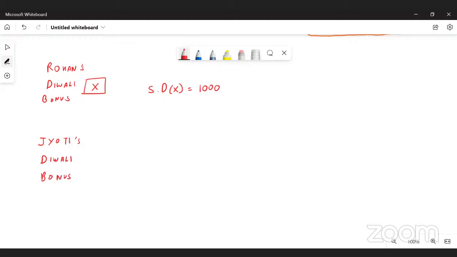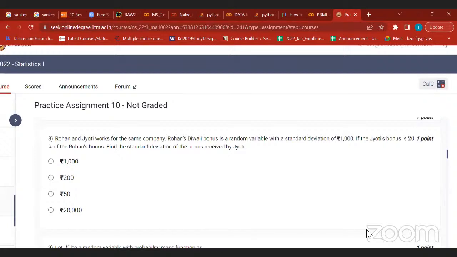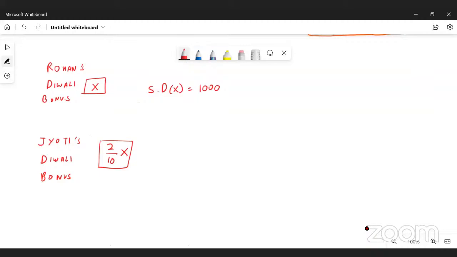So 20% of Rohan's bonus would be 2/10 times this random variable, right? And you need to find the standard deviation of that bonus, right? Yes, sir.